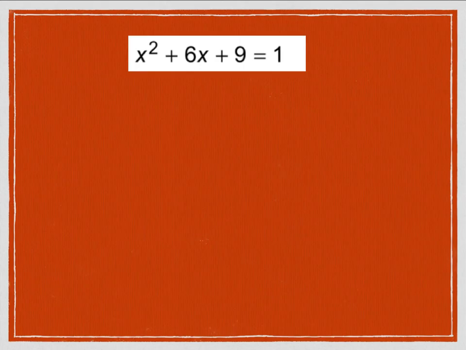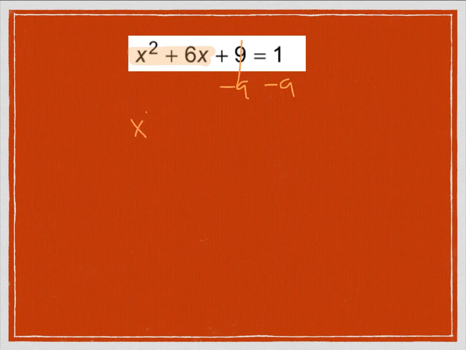All right, two more. What's the first thing we need to do here? Remember, we want to get this all by itself. So how do we move that 9? Awesome. Subtract 9 on both sides.